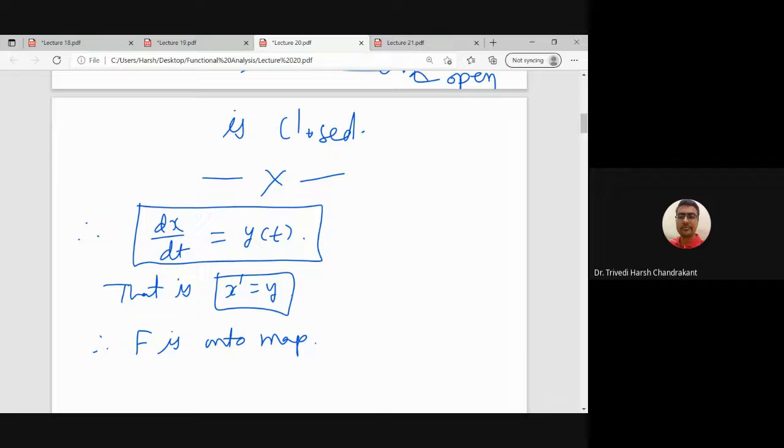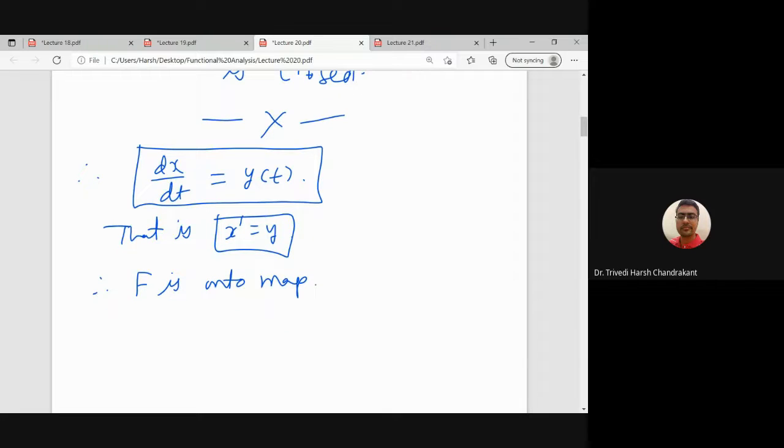It is already a linear map. It is an onto map, and the last condition is what is the kernel.